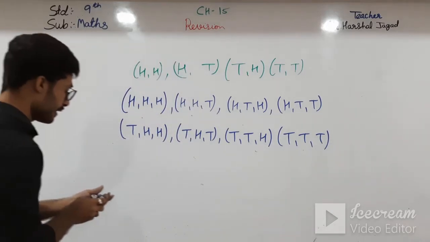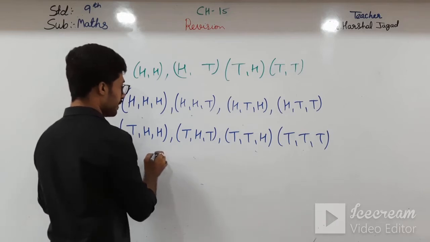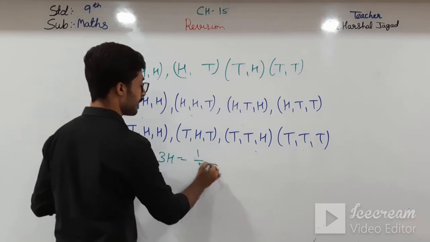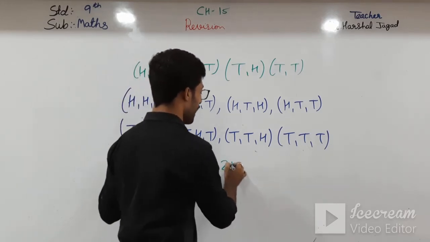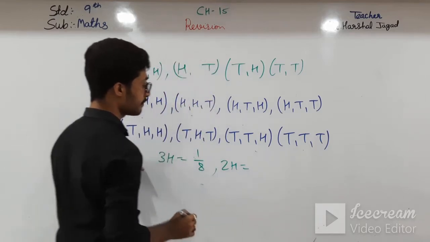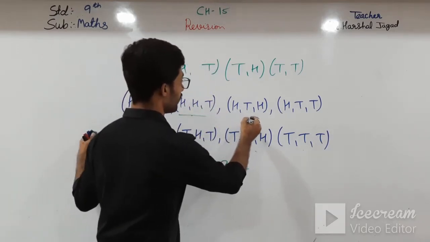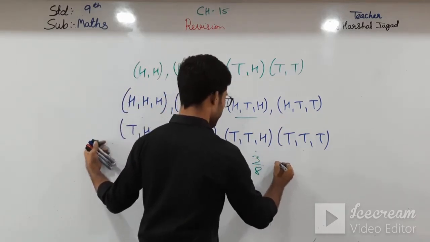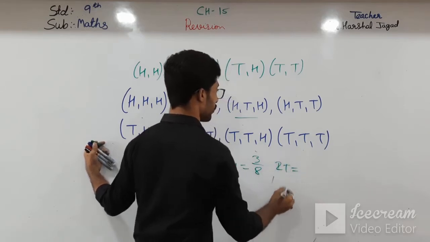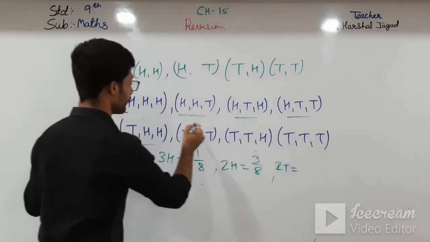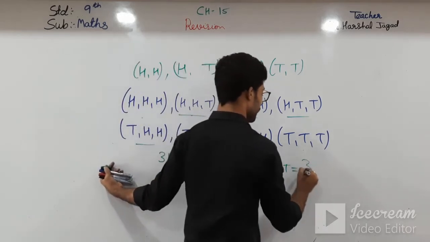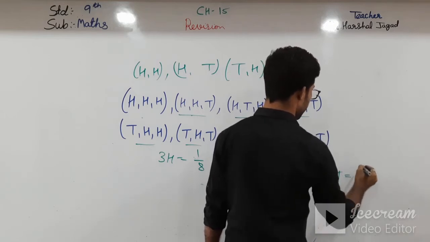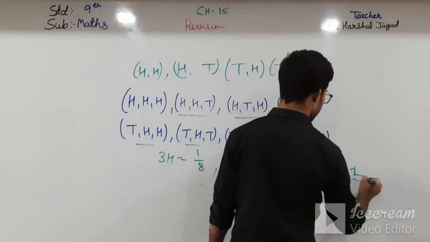Getting 3 heads, probability is 1 by 8, and getting 2 heads, probability is, how many? 1, 2, 3, that is 3 by 8, and 2 tails, that is 1, 2, 3, 3 by 8, and 3 tails probability is 1 by 8.